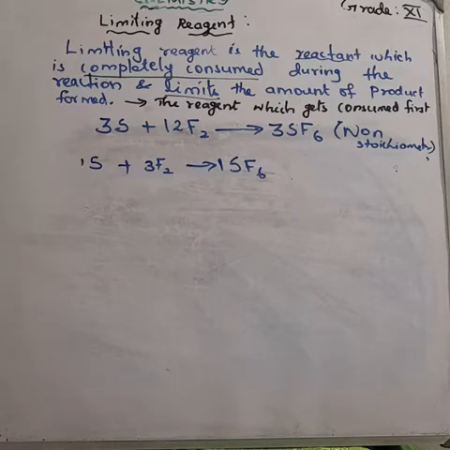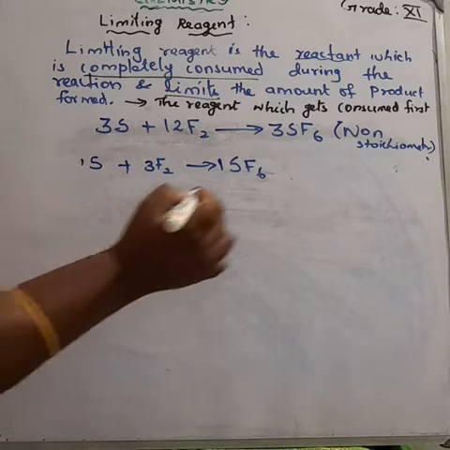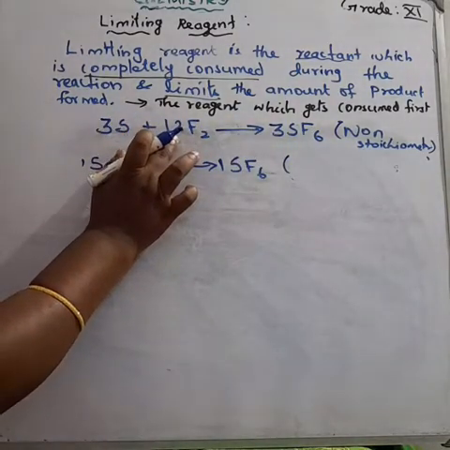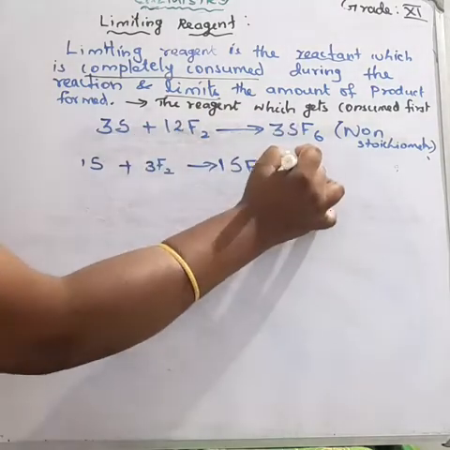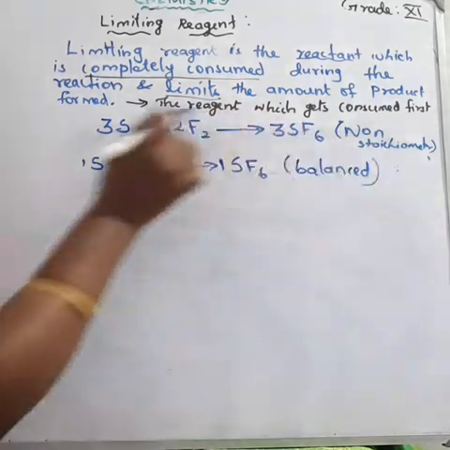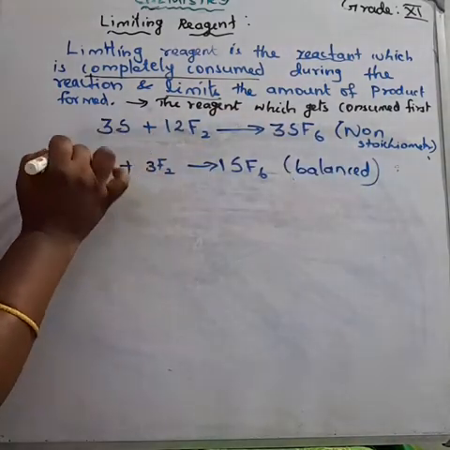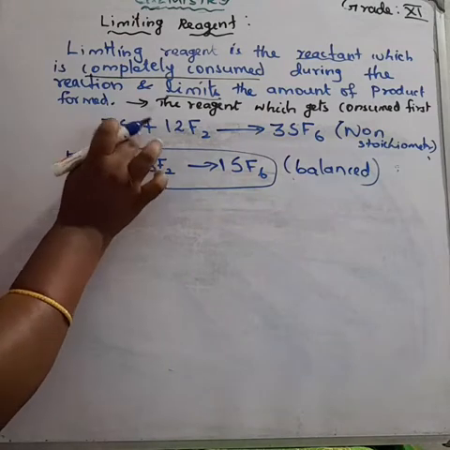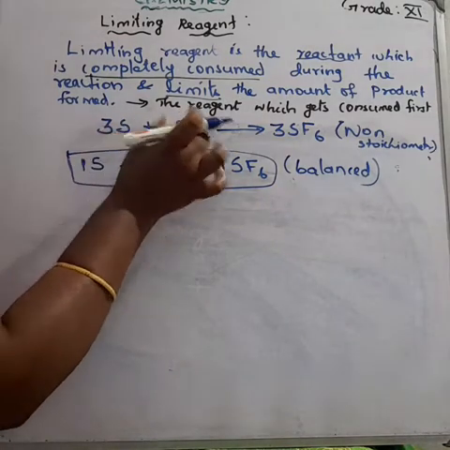But in the case of 3 moles of sulfur allowed to react with 12 moles of fluorine, it is not balanced. Understood? So 1 mole of sulfur reacts with 3 moles of fluorine to form 1 mole of sulfur hexafluoride, and therefore 3 moles of sulfur reacts with 9 moles of fluorine.